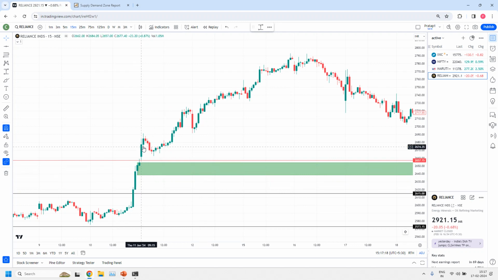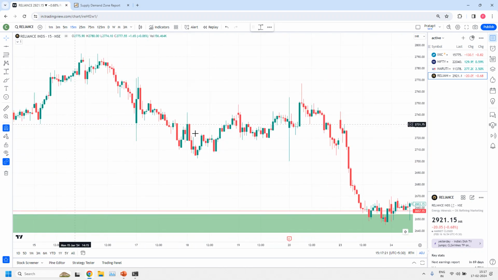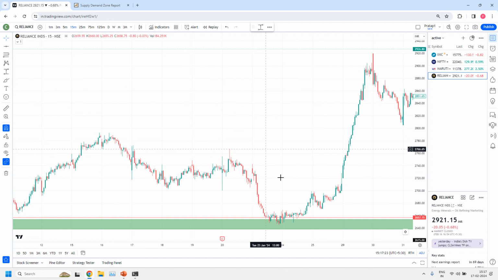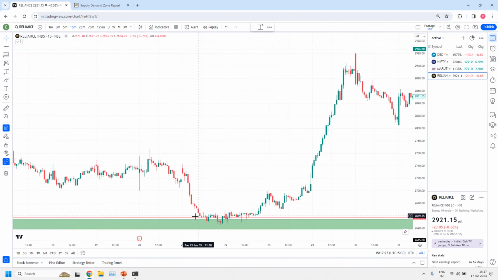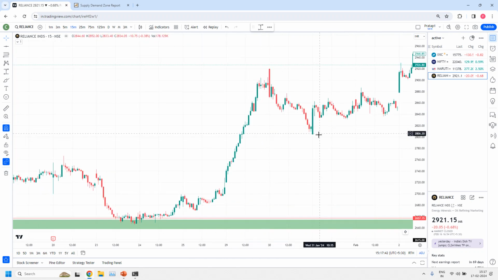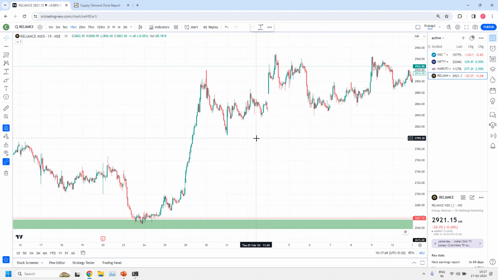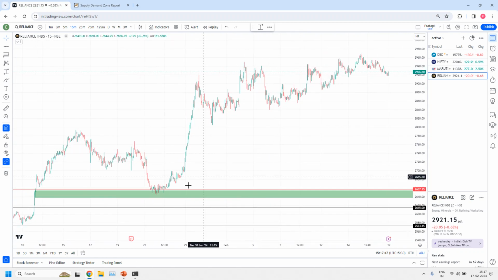We have a rally, 2 base candles and a rally with gap. Just to minimize the risk, type 2 entry. But here, several times the 15 minutes candles stayed inside the zone, and then the overextension is completed with a pullback to daily EMA 20, and then the Reliance stock started moving up. That way it gave a very huge return.